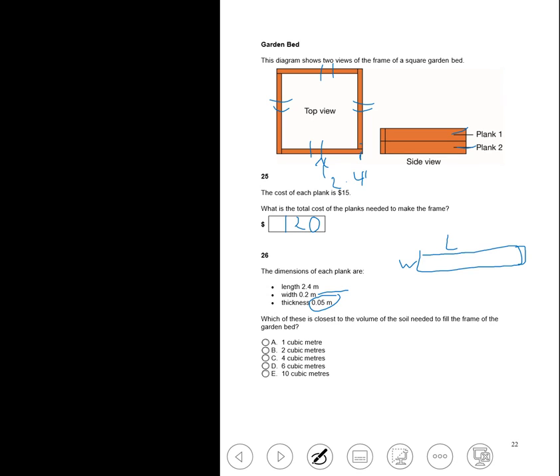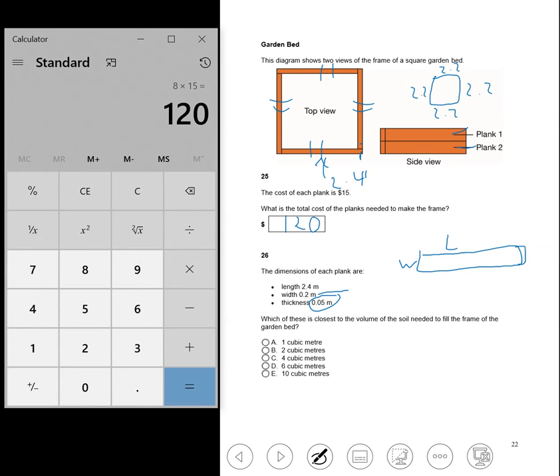So it actually needs to be 2.4 minus 0.2, which means for our square it's actually going to be 2.2 on each side. And unsurprisingly, if you put in 2.2 times 2.2, you get 4.84.